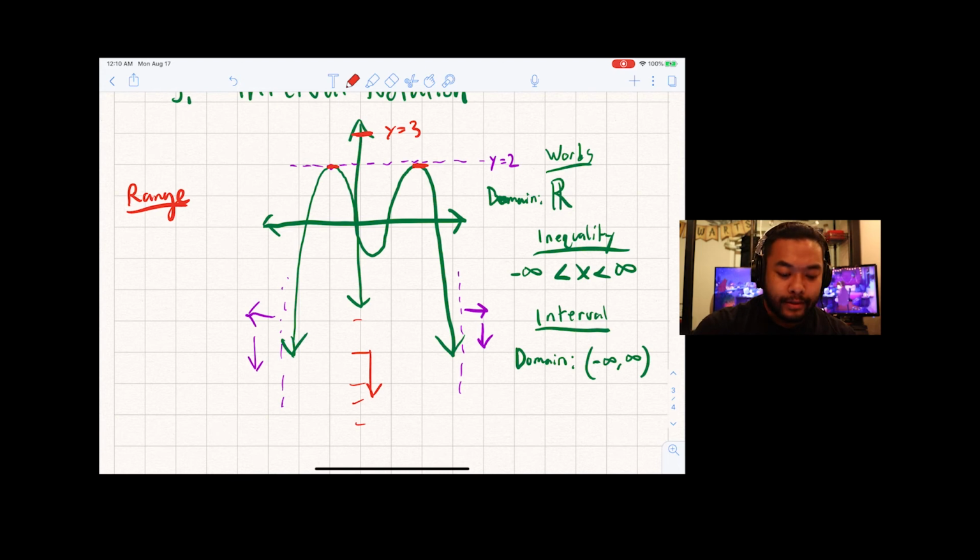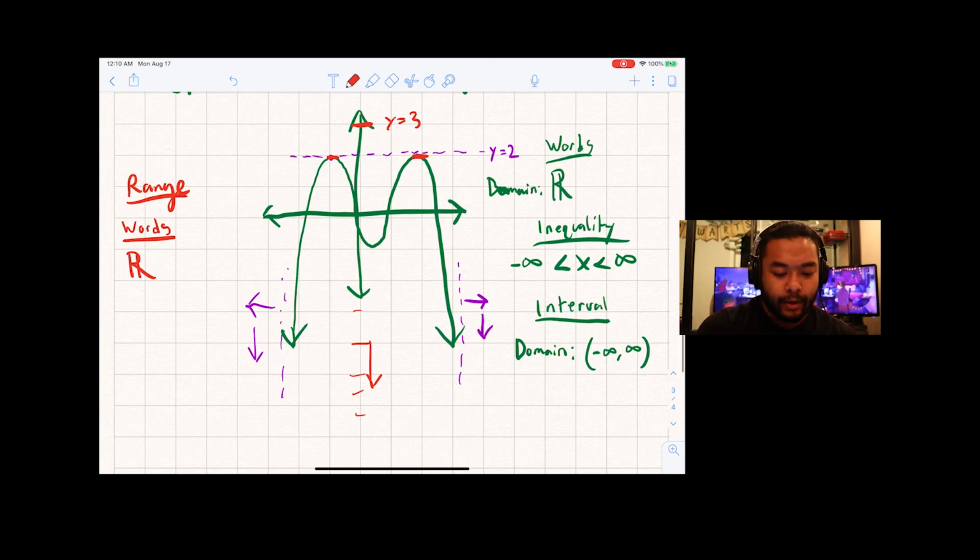So in words, I would say, first, is it continuous? Yes, it is. So I should put all real numbers first. That's the first thing I should do. And then next, let's do inequality for the range. Remember this is range, then I would say y.